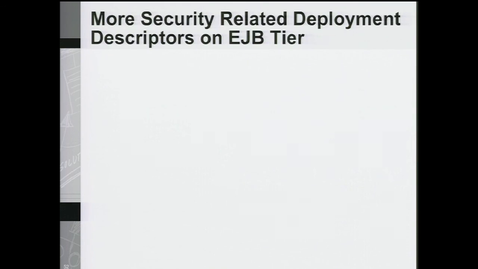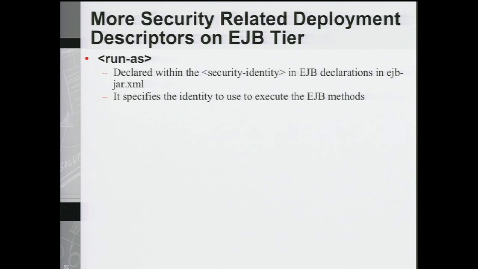So there's a few more tags that we haven't looked at. We haven't gone into much detail. Run as. Sometimes you may want to control what the EJB tier does. When some functionality is being run as, you want to say this functionality should be run only as a particular role, regardless of the user that's currently authorized. It could be a sub role, it could be a different permissions window.